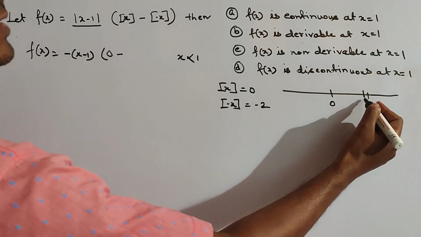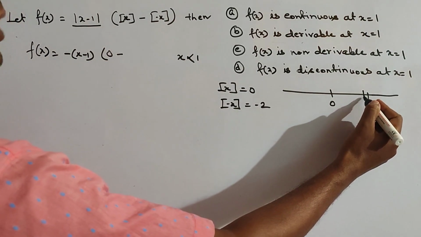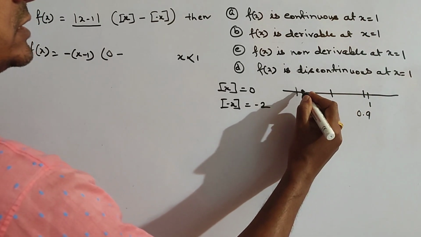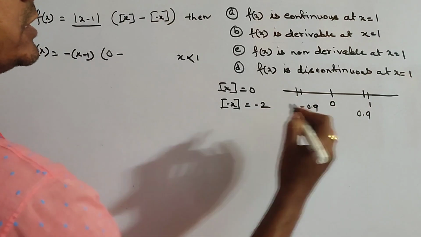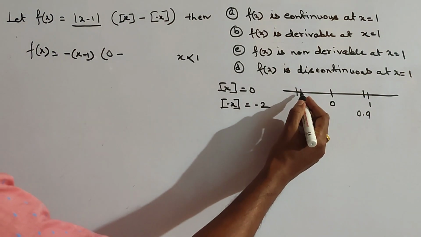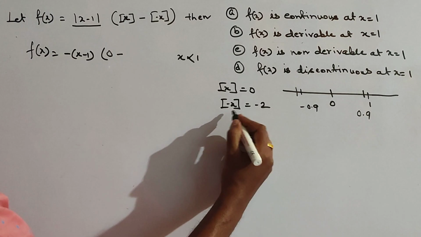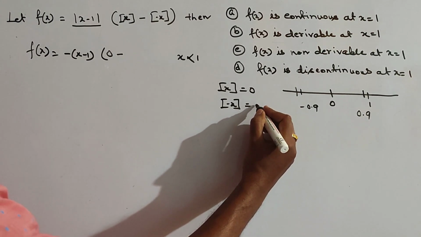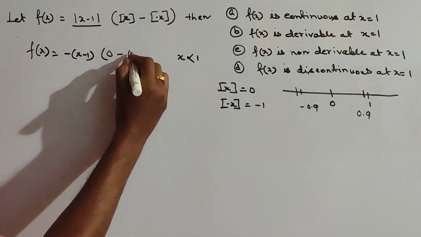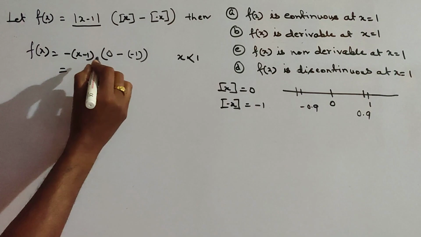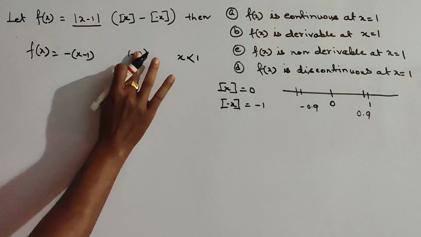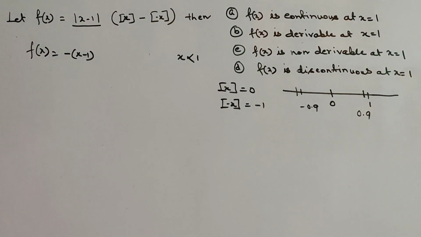And if x is less than 1, like 0.9, then it is minus 0.9. So minus 0.9 means box minus x is minus 1, and this is minus of minus 1. So it is minus x minus 1.